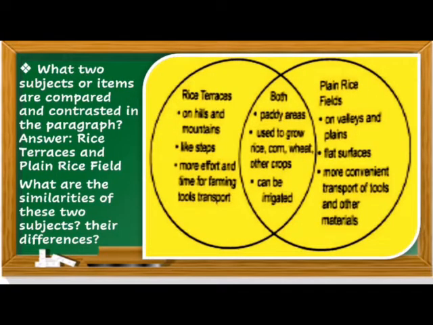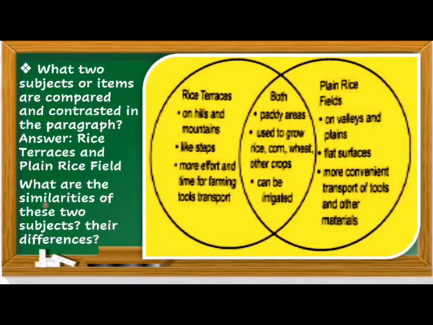What two subjects or items are compared in our comparison and contrast paragraph? So we have here the answer: rice terraces and plain rice fields. So these are the two subjects that were compared: rice terraces and plain rice fields.